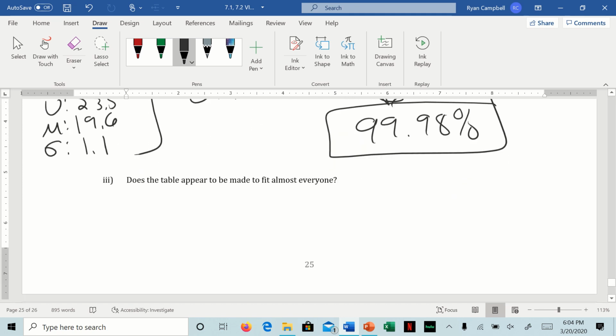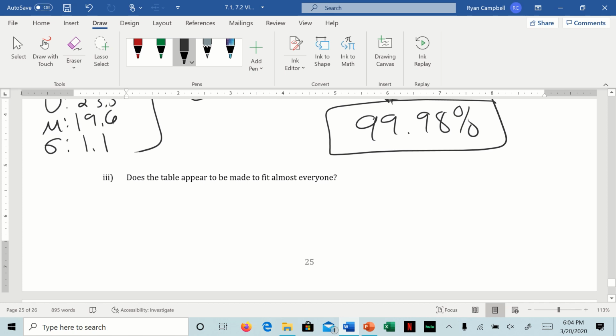So last question. Does the table appear to be made to fit almost everyone? We said that for men it was 95.99%. For women, it was 99.98%.